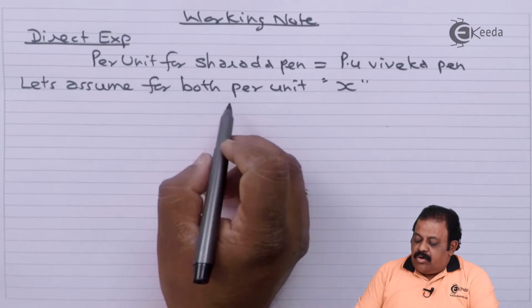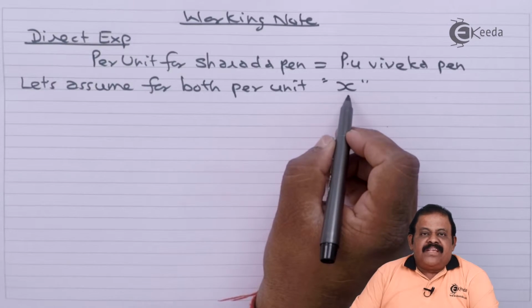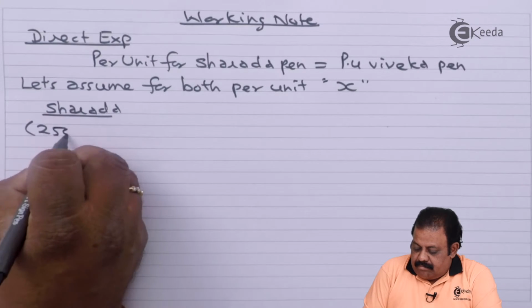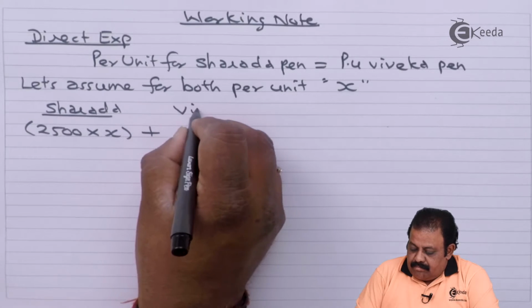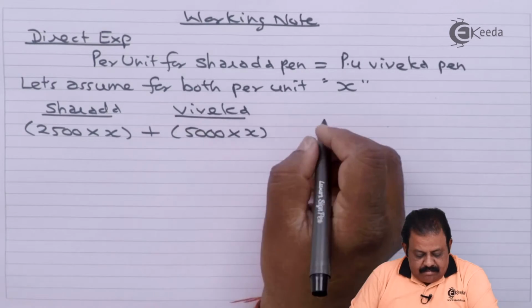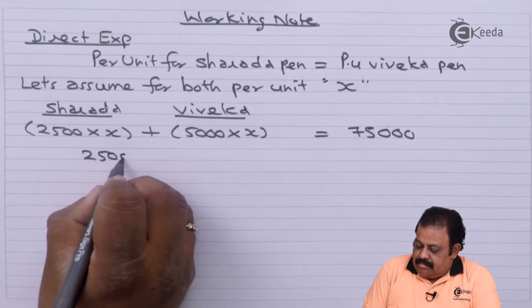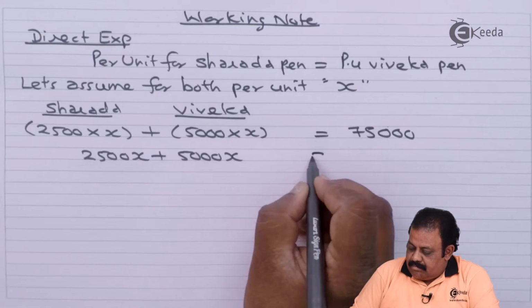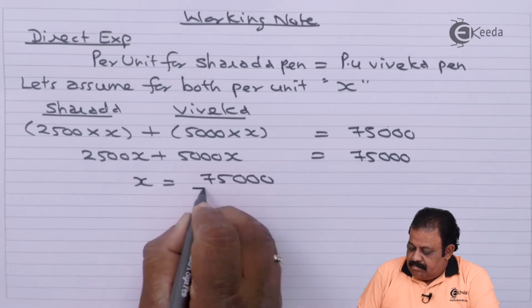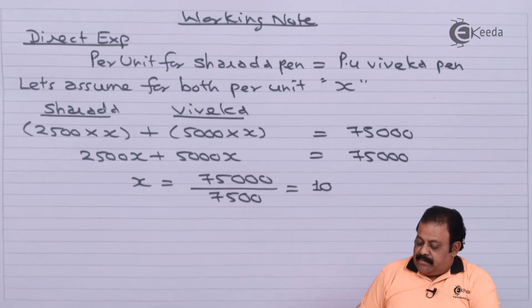Let us assume for both the products per unit direct expense rupees X. So X is equal to rupees 10 per unit.